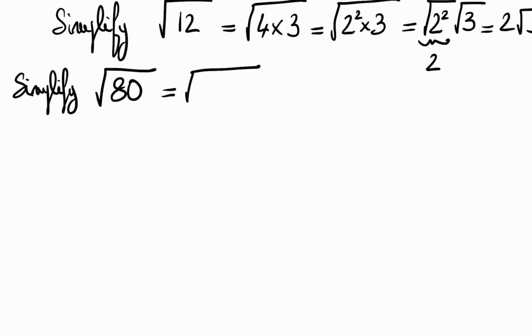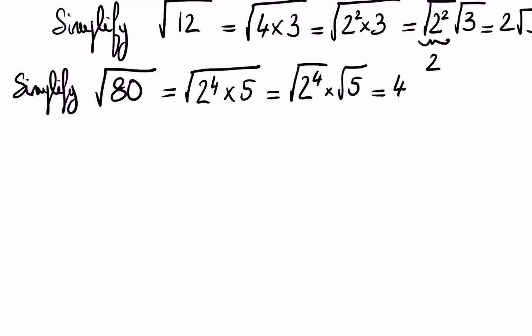The calculator tells me this is equal to 2 power 4 times 5. So it's equal to root of 2 power 4 times root of 5, which means it's 4 times root 5.